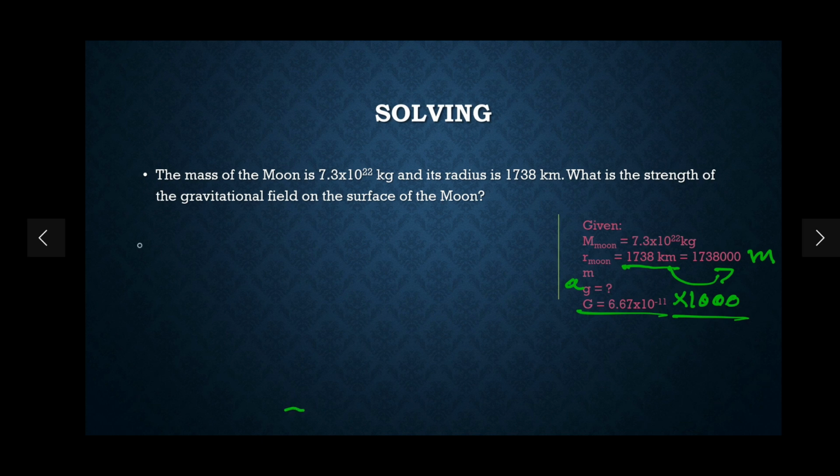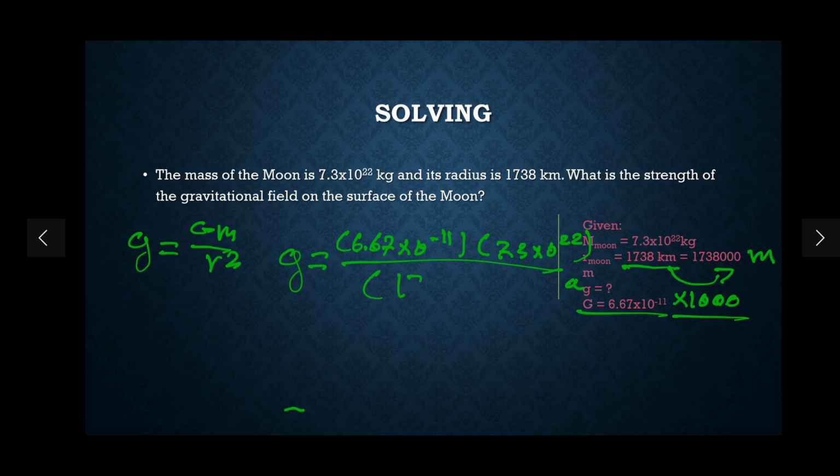So we solve using the equation g equals GM over r squared. We have g equals 6.67 times 10 to the power of -11 times 7.3 times 10 to the power of 22 over 1,738,000 squared.